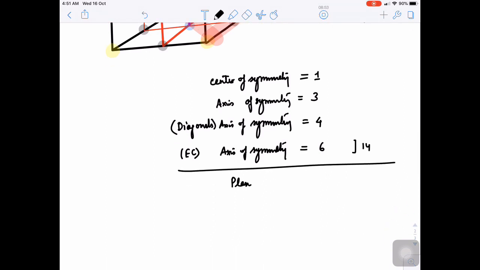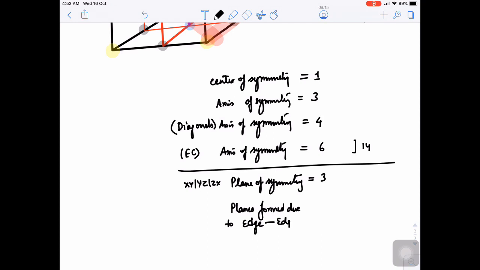One is the planes of symmetry because of x, y, y, z, z, x. And the other one is the diagonally opposite planes we connected through edges. That is 6 more coming up. So total 9 will be there in that case. If you put everything together, we eventually have total 14 plus 9, 23 elements of symmetry.